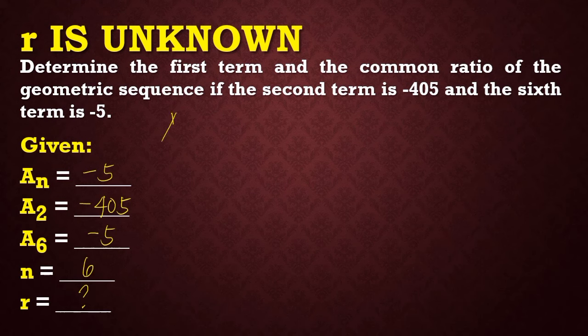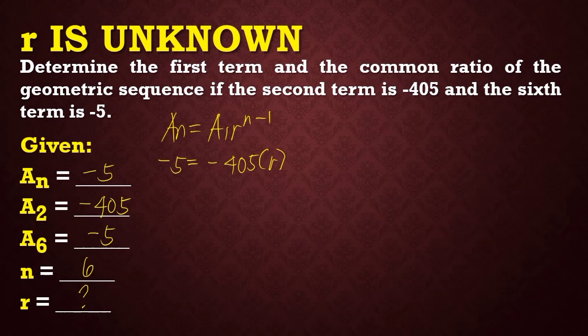So, a sub n is equal to a sub 1 r raised to n minus 1. Okay. So, a sub n natin dito is negative 5. And then, what is a sub 1? So, mag-a-act muna na a sub 1 dito is yung second term. So, that is negative 405. Now, dun sa n naman, hindi siya n minus 1.